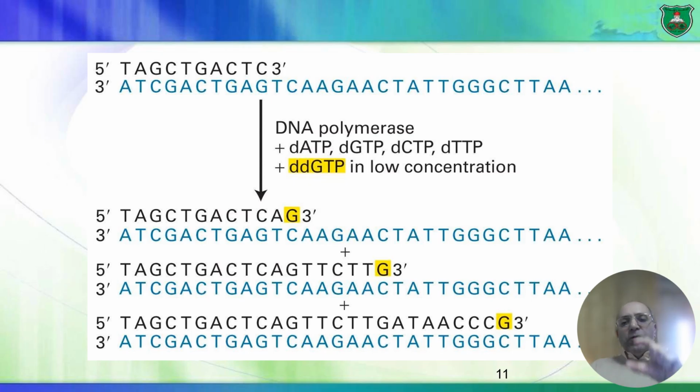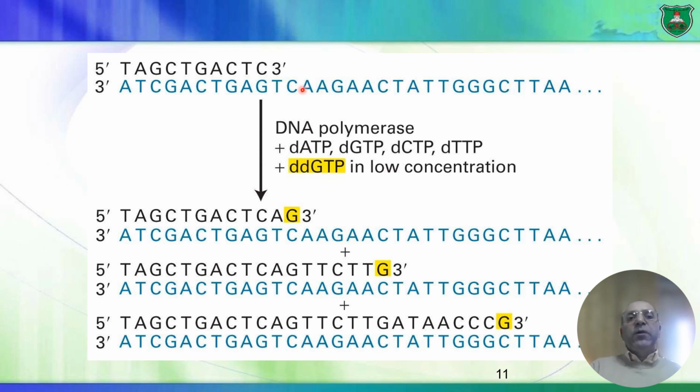We're going to have 4 tubes. In these 4 tubes, we're going to have the DNA template that we want to sequence. Of course, it's double-stranded, but we separate the 2 strands from each other. We denature the DNA eventually during the reaction, so we have a single-stranded DNA molecule. This is the DNA that we want to sequence.